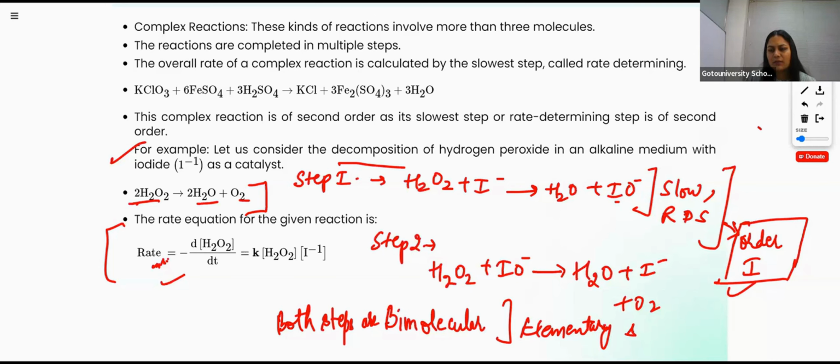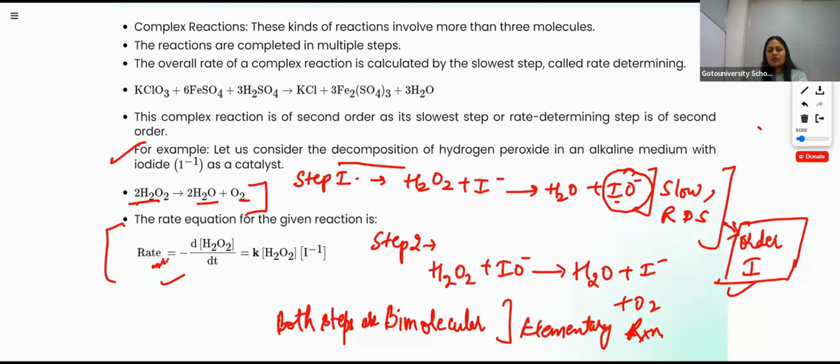Where in the first step we are observing the slow step, that is the rate determining step, right? So this is an example of elementary reaction also, where here IO⁻ is the intermediate. The slowest step of this chemical reaction is what determines the rate of the reaction.